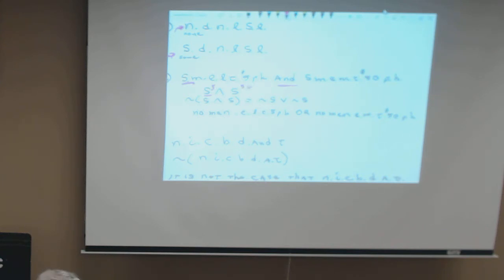Is that okay? Since I'm using S both places. Some men earn less than 5, and some men earn more than 50. So here's S5 and S50. So how would I negate that? It's not the case that some earn less than 5 and some earn more than 50. And that would equal not S5 or not S50.